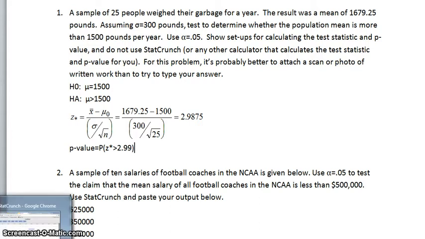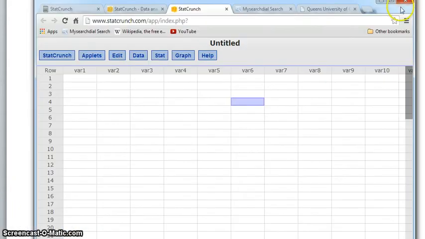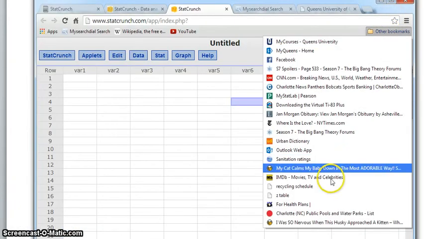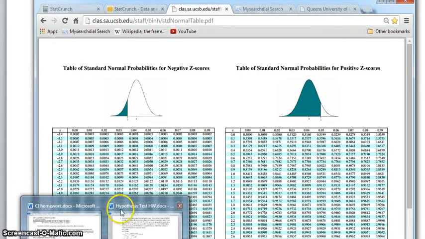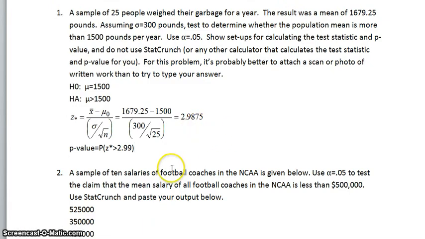And I actually forgot before we started to pull up the z table, but we've got it here. So let's see, we said 2.98. Oh, 2.99. So we're looking for the probability that z is greater than 2.99.